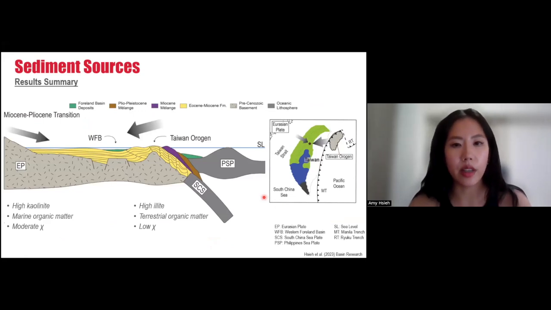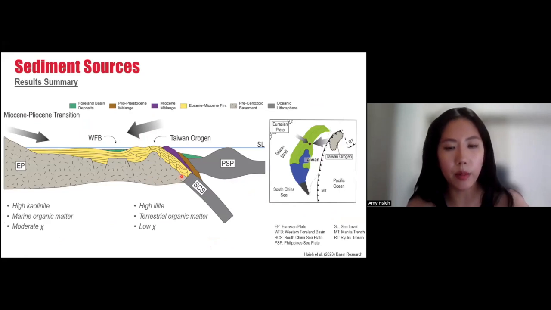And as Taiwan rose higher above sea level between the Miocene and Pliocene, the rapid rates of uplift and erosion meant that it quickly became a major source of sediment to the Western Foreland Basin. Sediment derived from Taiwan is characterized by a higher proportion of illite due to the intense physical weathering.